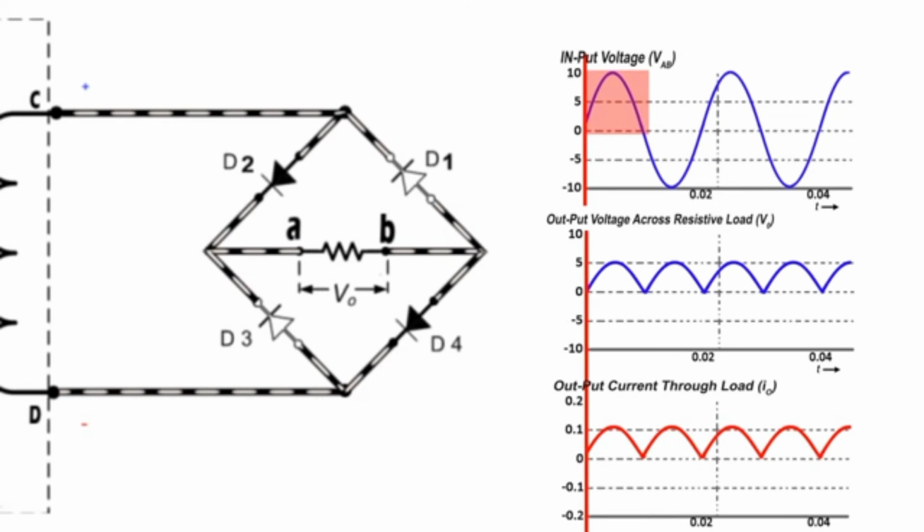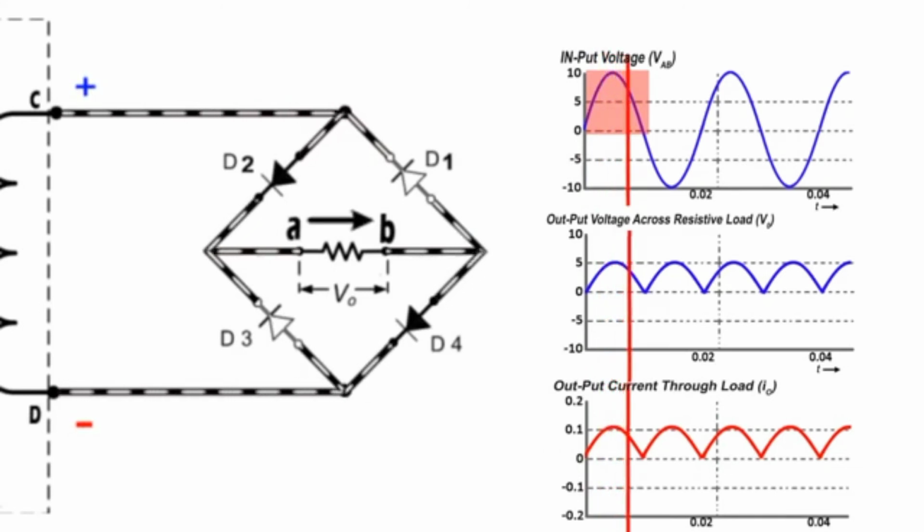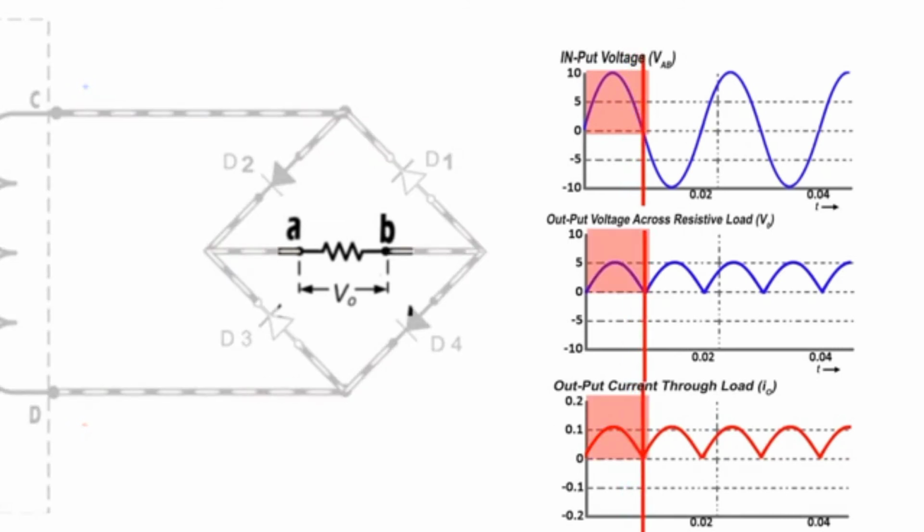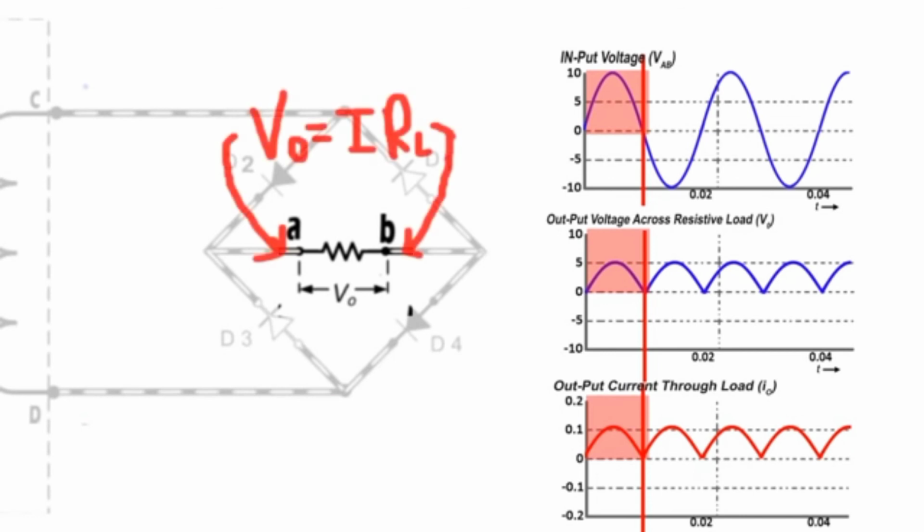Therefore, current flows through the load through this path during the positive half cycle in the direction A to B. This current varies in magnitude as shown here. In this way, the positive half cycle of output voltage V0, equal to I times RL, appears across the load, where RL represents the electric resistance of the load.